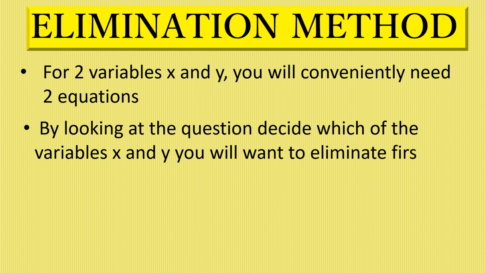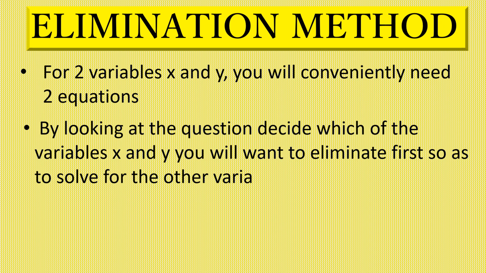So for the number of variables, you will need the same number of equations. In this particular case, as written in bullet point 1, we have two variables, x and y, and therefore we will conveniently need two equations.